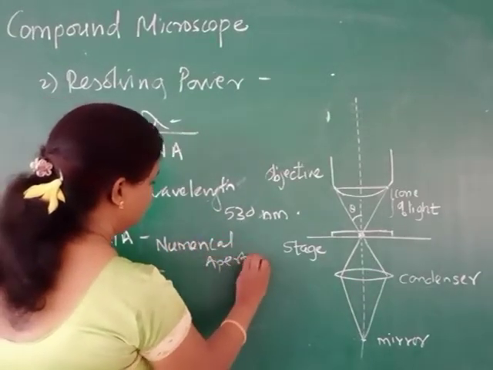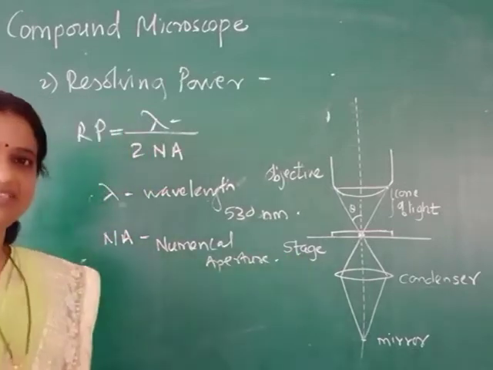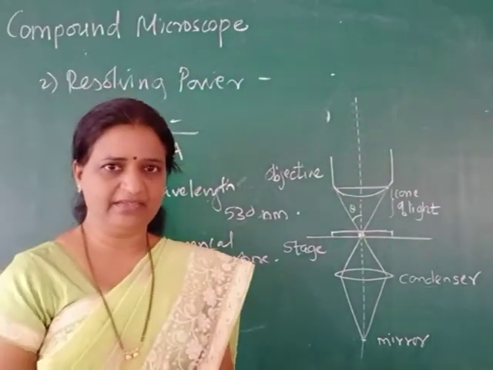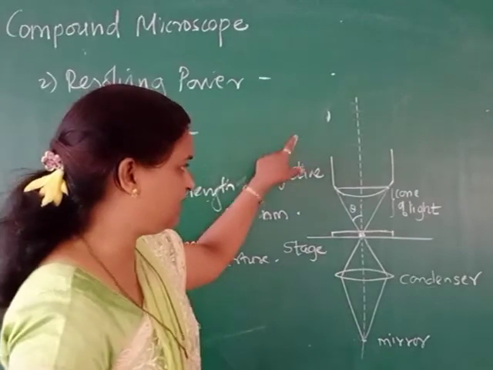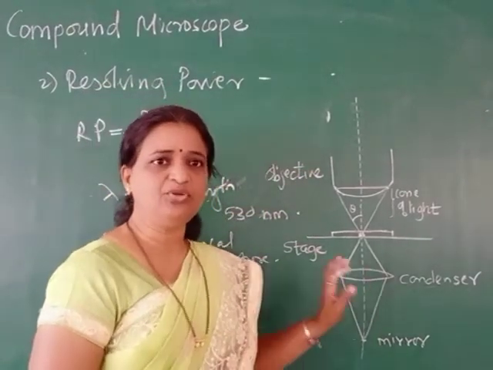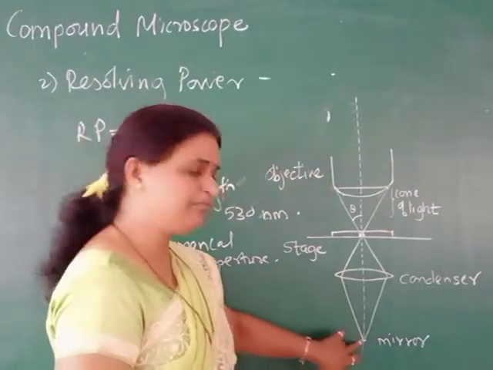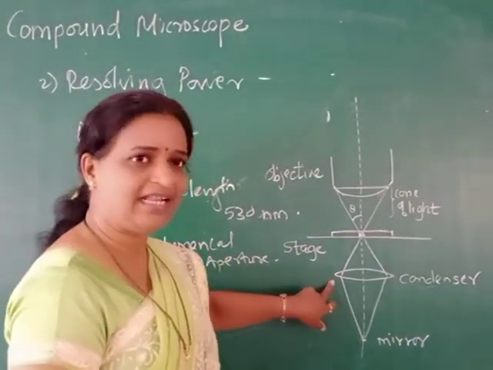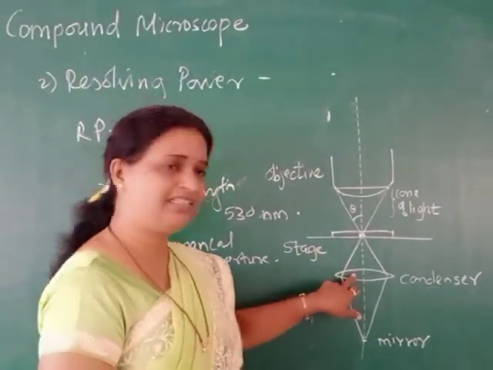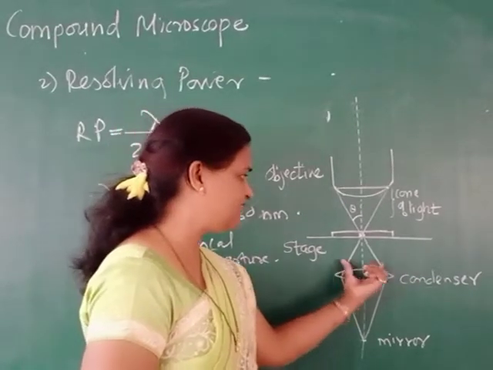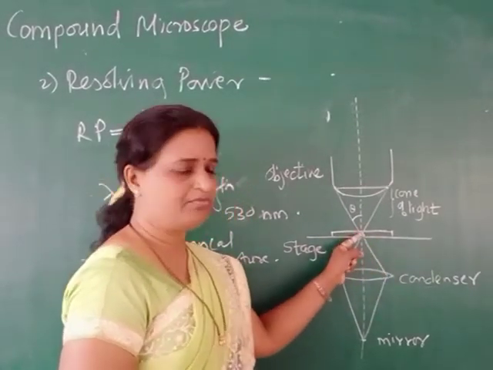What is this numerical aperture? Numerical aperture is the cone of light entering the objective. Here I draw a figure showing it. There is a mirror that reflects the light coming from the source. Light enters the condenser, which gathers this light and focuses it on the object.